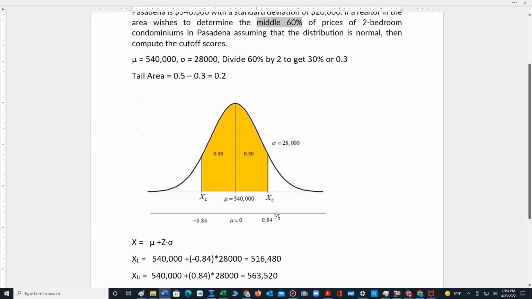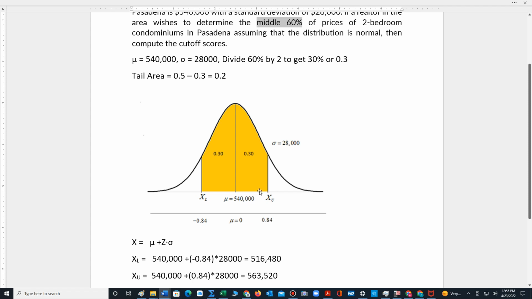To find the positive Z value, we take advantage of symmetry. The normal distribution is symmetric. So if we have an area to the left that's 0.3 and a negative 0.84 Z value that's identified with it, that means on the right side we have, if we measure off another 0.3 area, the Z value on the right side will be positive 0.84.